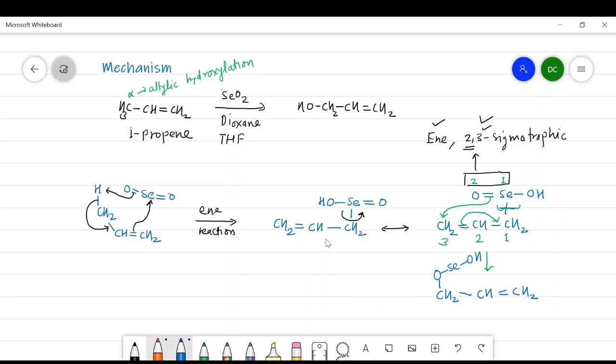In this way, after the 2,3 sigmatropic rearrangement, we get this type of compound.